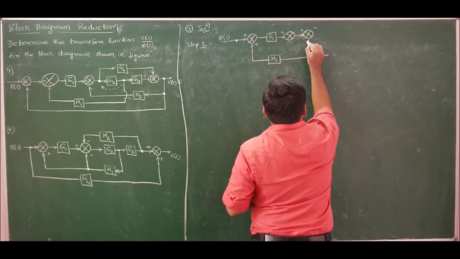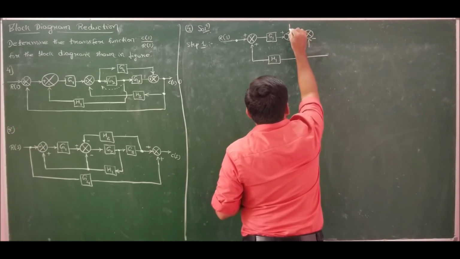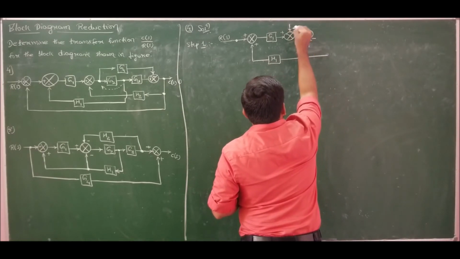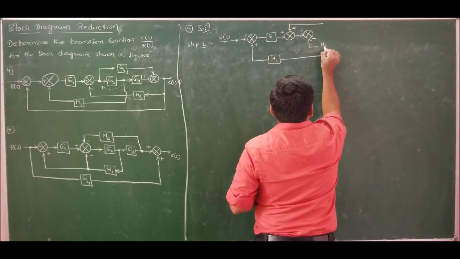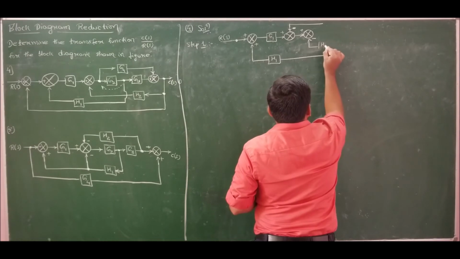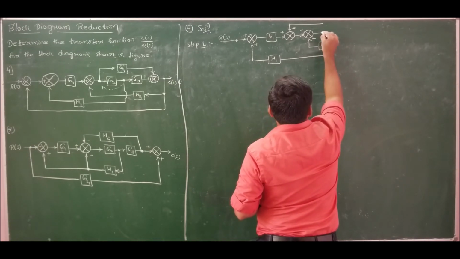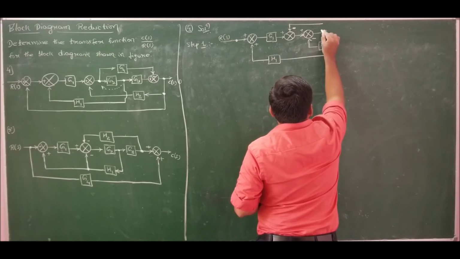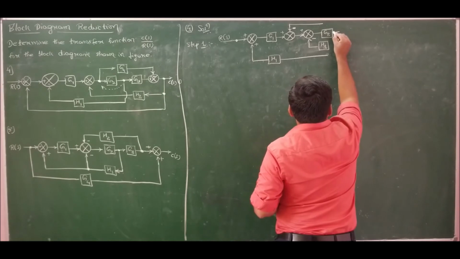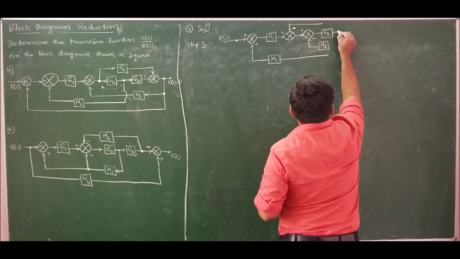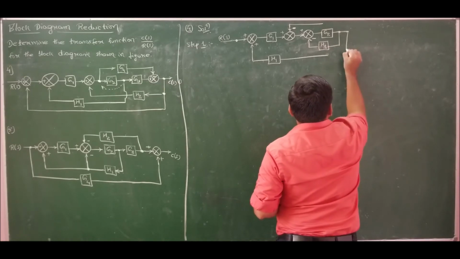So let me write it like this: minus, minus. So this sounds better. h1 and we have g2. So from here I said we should get two takeoffs, two h1s, done.